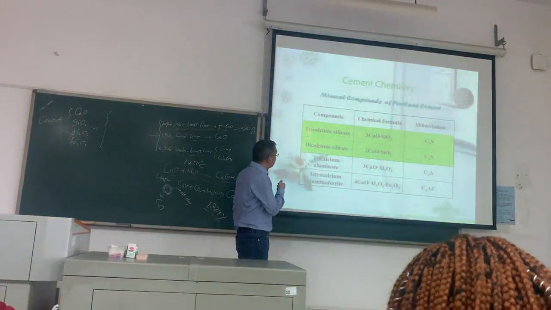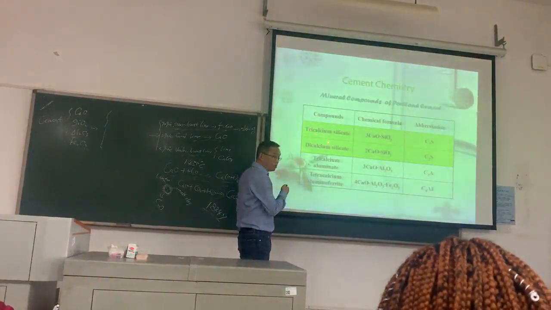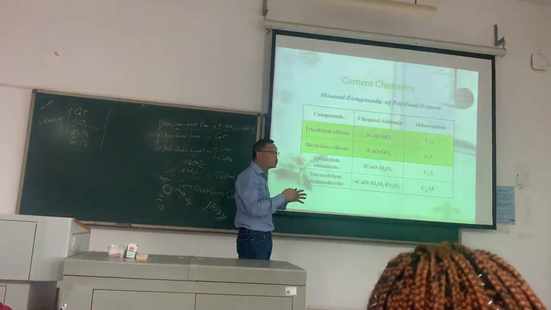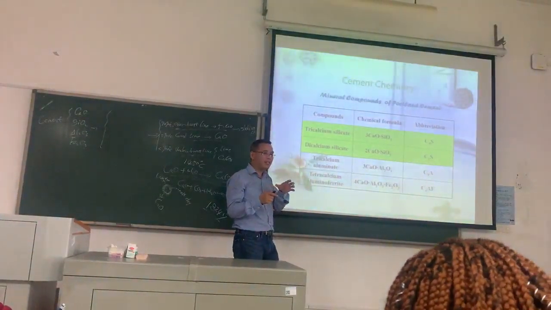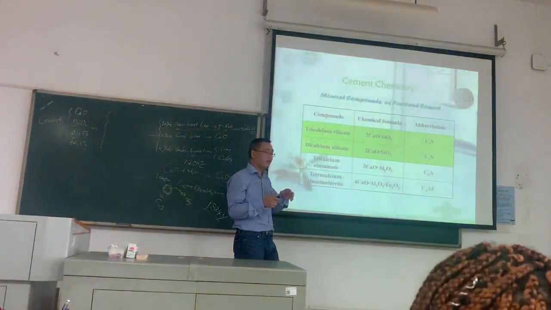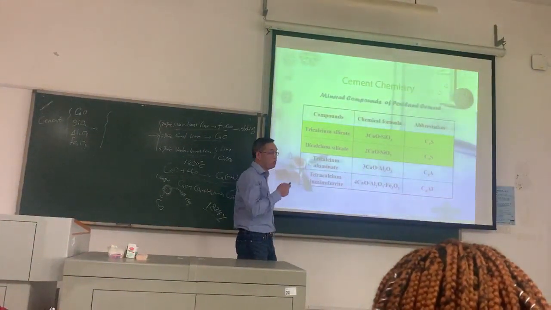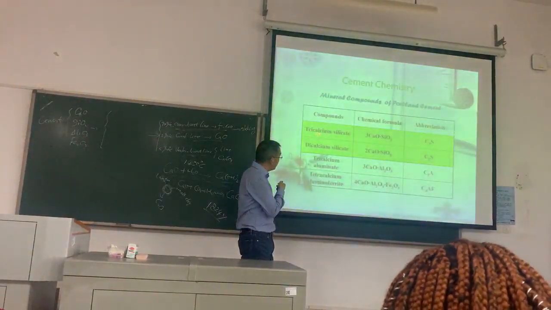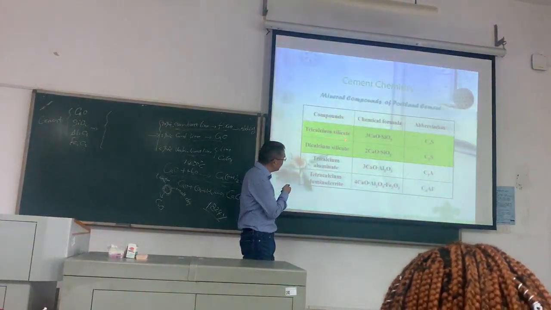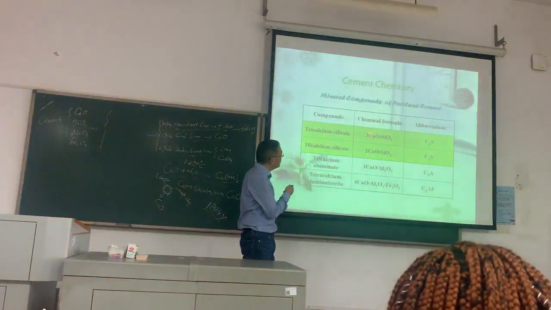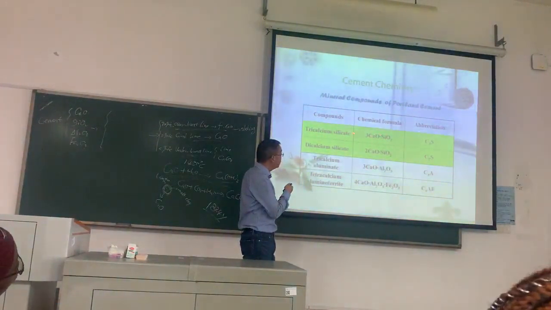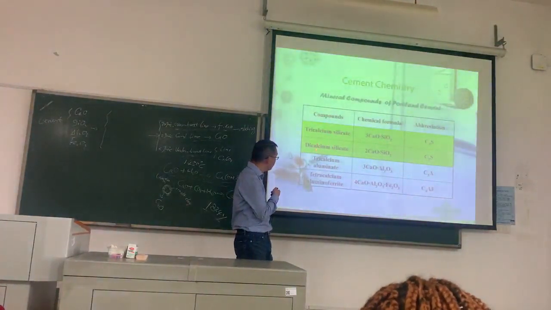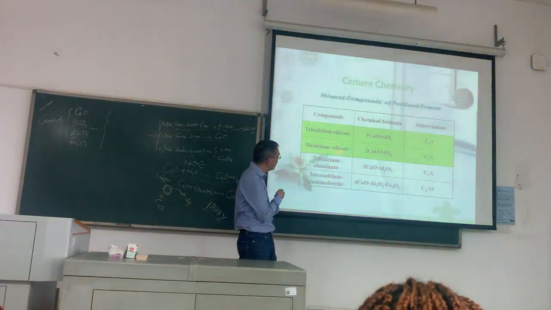The first one is tricalcium silicate. The name will be difficult, but you need to remember that. This is the chemical formula of this minor compound. And this is the dicalcium silicate.